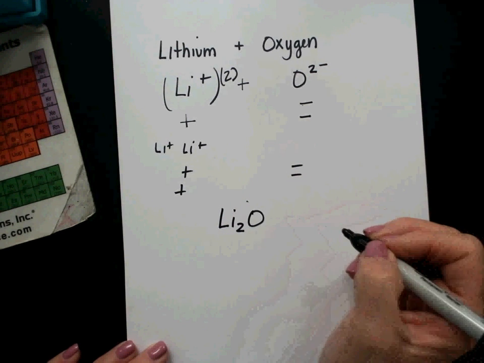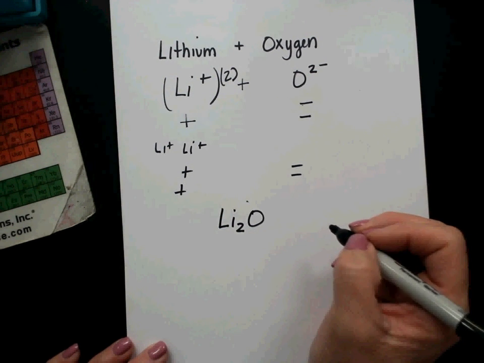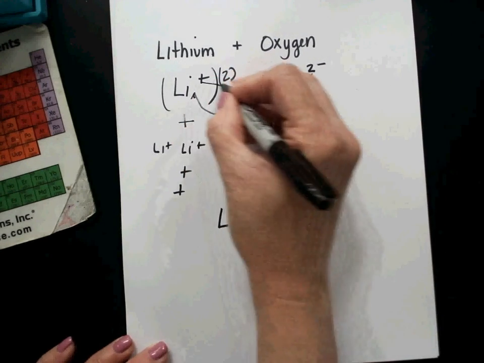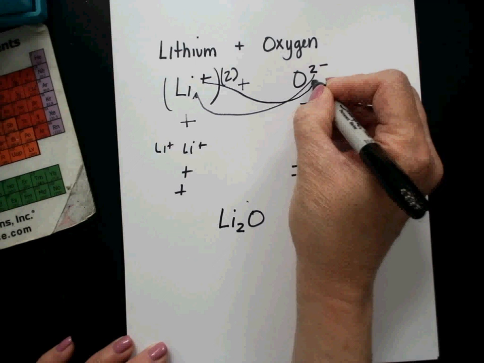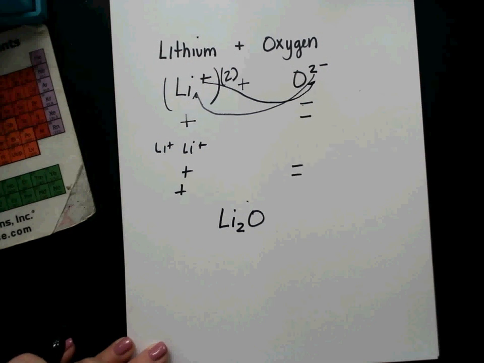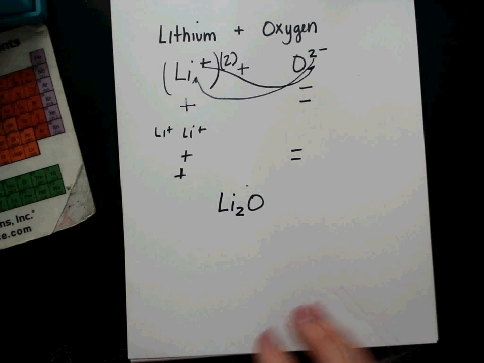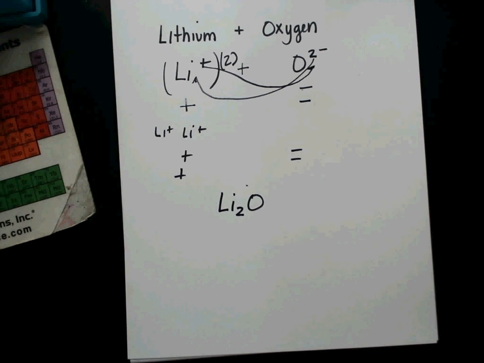Am I happy now? Yes. So I would write Li2O. Look at that. This guy came over here. This guy, even though I don't write a 1, came over there. They flip-flopped.